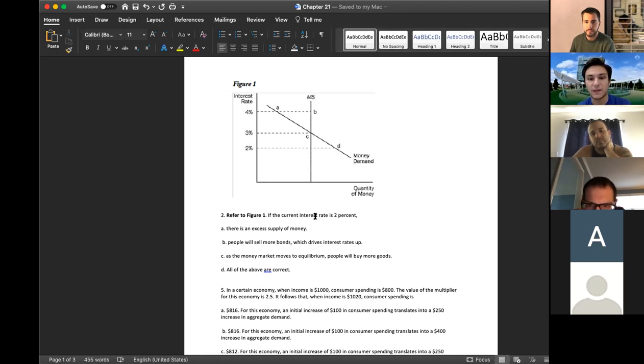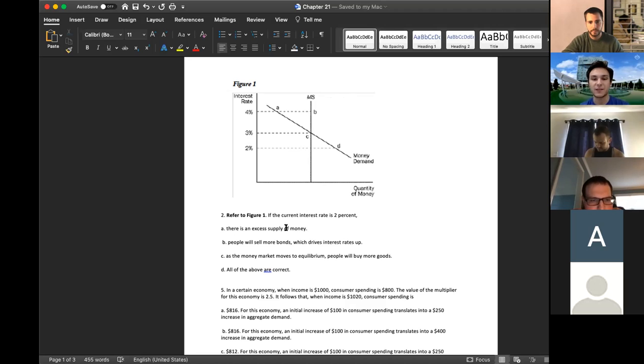It says the current interest rate is at 2%, so we're going to be here, at point D. What we know from that is that our money demand is going to be greater than our money supplied. Unless the Federal Reserve somehow changes the money supply through open market operations, one of its tools that shifts the money supply out to the right to get to equilibrium, what's going to happen?